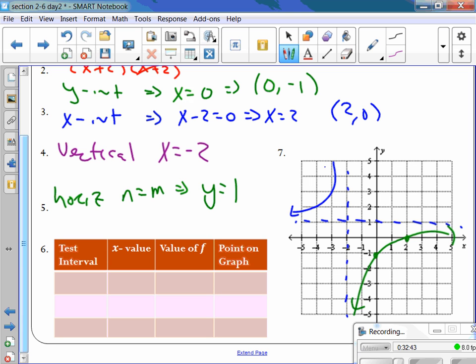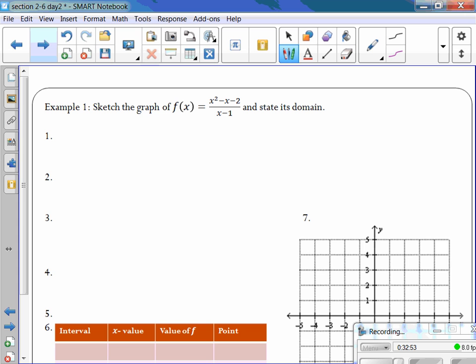Moving on to that last one. Again, we're going to start off with simplifying. Perhaps we have an x minus 1 in there that needs to be canceled out. If there's an x minus 1 that needs to be canceled out, it's actually going to be a straight line. It would cancel, and it's just a linear equation.